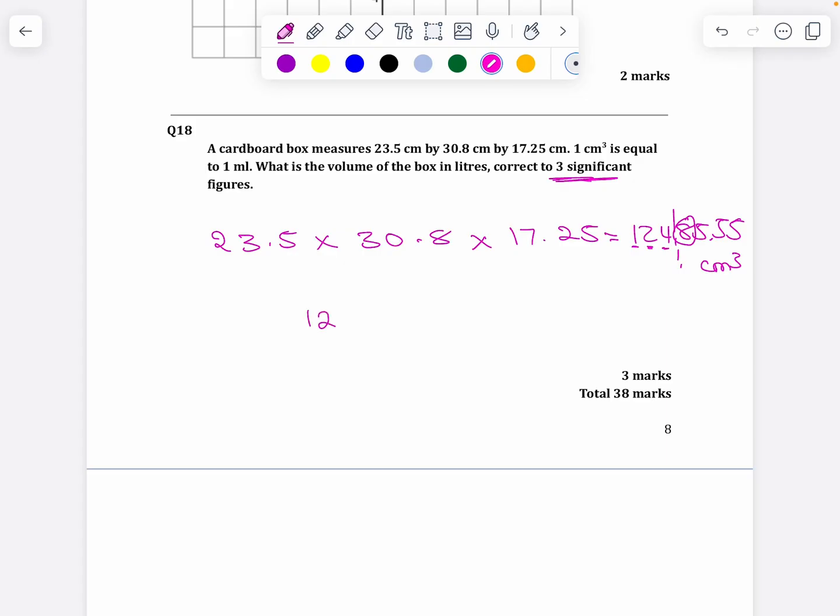So it's 12,500 millilitres. And then to turn it into litres, I know that there are 1,000 millilitres in 1 litre. So to turn it into litres, I'm going to divide by 1,000, which gives me 12.5 litres. And that's it.